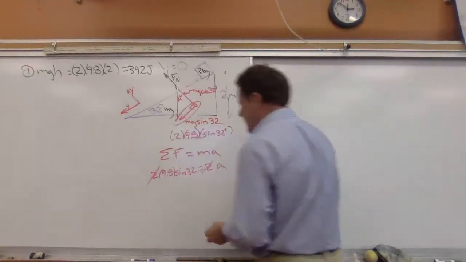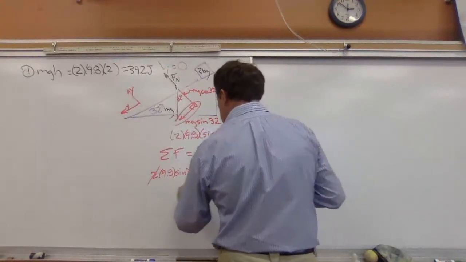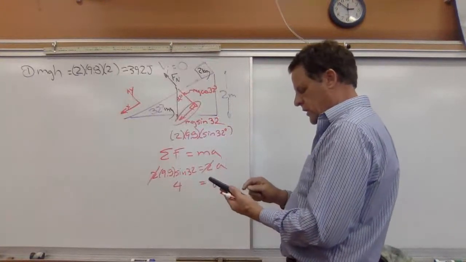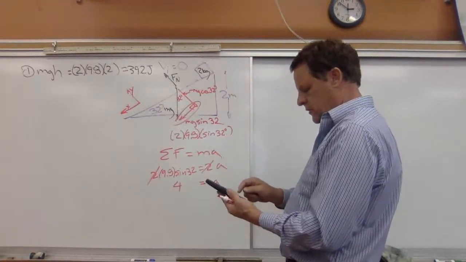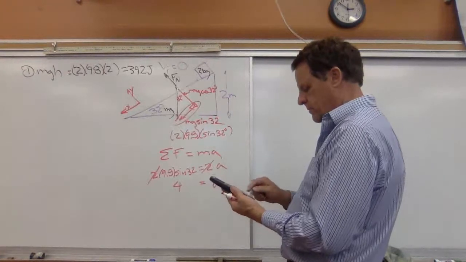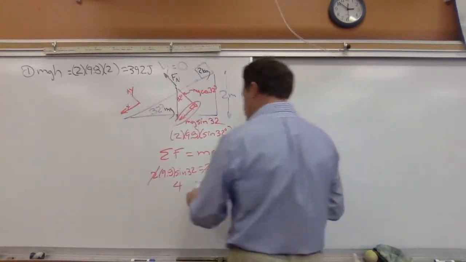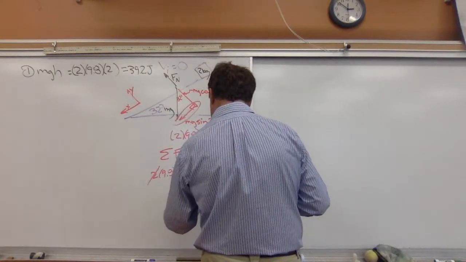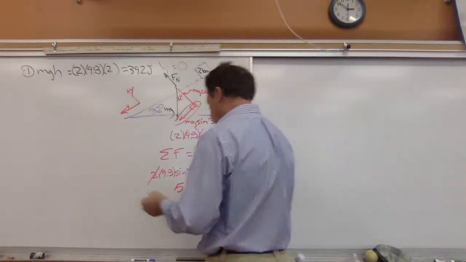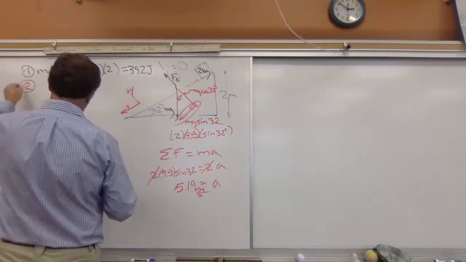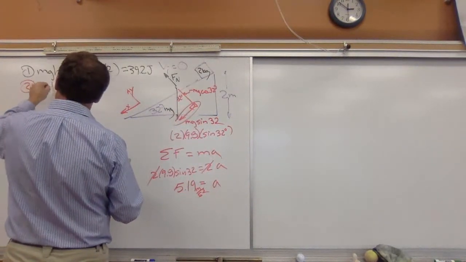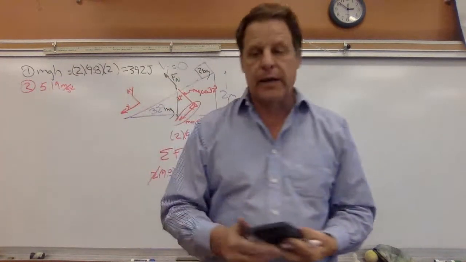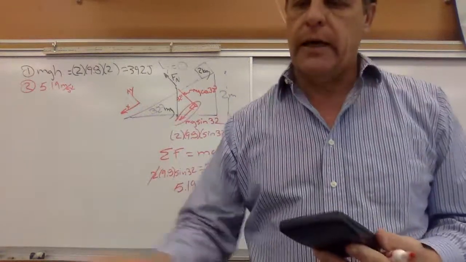Now the masses cancel out, and our acceleration is 2 times 9.8 sine 32 divided by 2, which is 5.19 meters per second squared down the ramp.